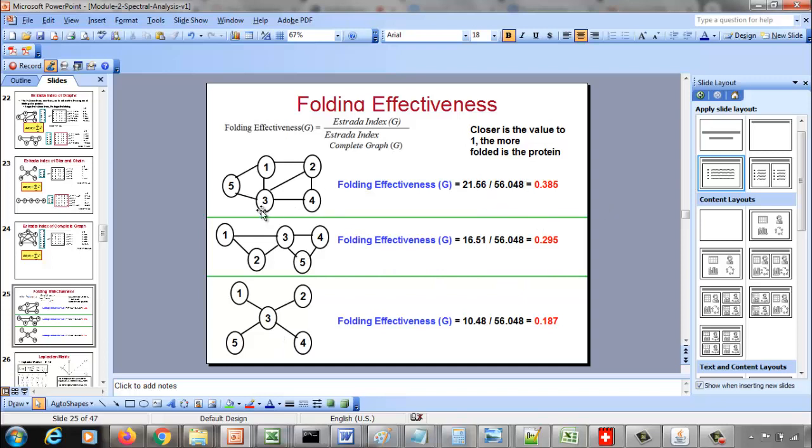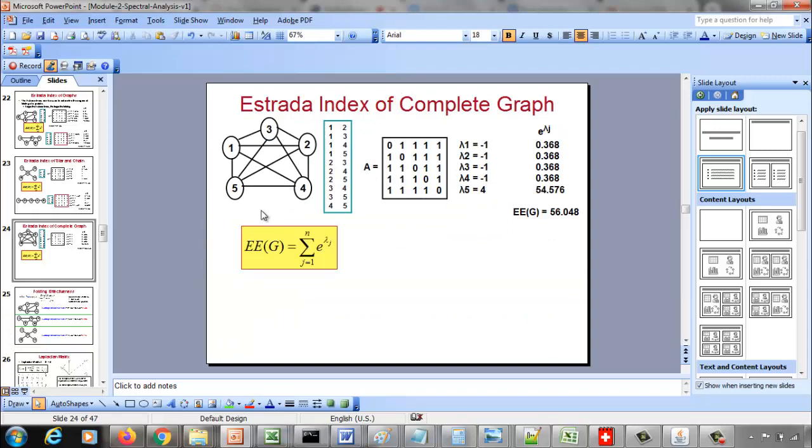If you are given a graph that is a complete graph like this, you would go through the calculations and come up with this raw Estrada index. And the complete graph for this graph is also the same graph, because all you need to get a complete graph is just the number of vertices, and then you can draw edges between any two vertices and get a complete graph.